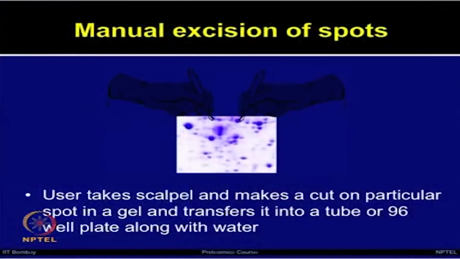One is the manual excision of the spot, where the user can take a scalpel and make a cut on the gel for the spot of interest, transfer it into an Eppendorf tube, label it, and then transfer it into the 96 well plate along with water. You have to ensure that you are using Milli-Q water or autoclaved, very purified water.